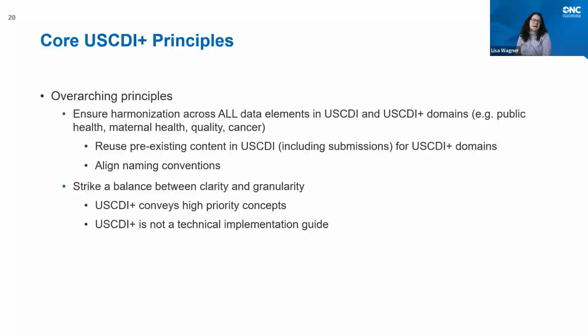And really there's this balance between granularity and clarity, in the sense that USCDI and USCDI Plus aren't necessarily the details down to a particular implementation guide. They are intended to be higher priority concepts.